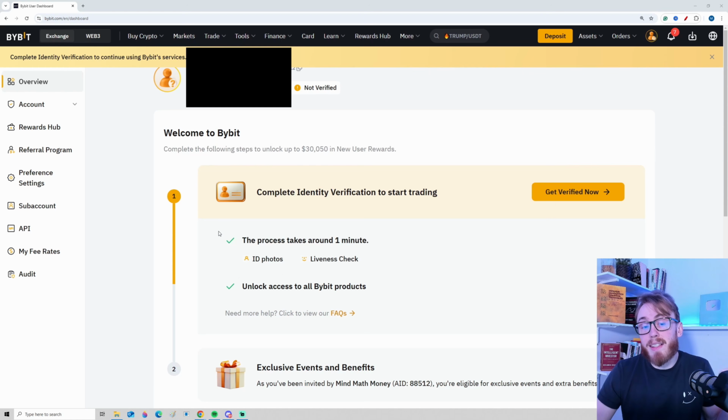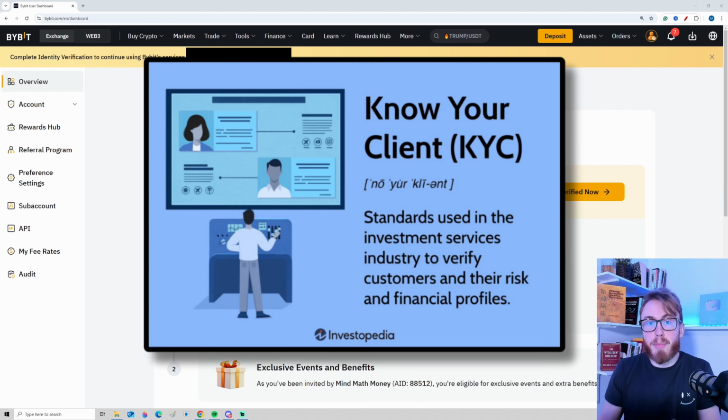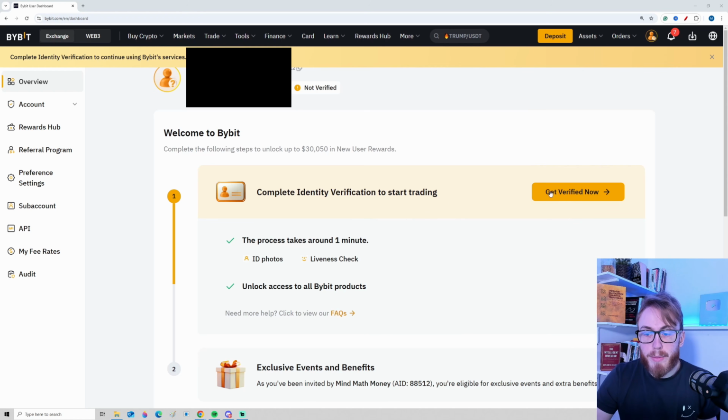And the KYC is a simple process that can take just around 1 minute if you follow this step-by-step guide. But first of all, what is KYC? Well, KYC is something known as Know Your Customer, and it's a process that Bybit does to improve security and to prevent fraud. So now to start our KYC, we simply click on Get Verified Now.